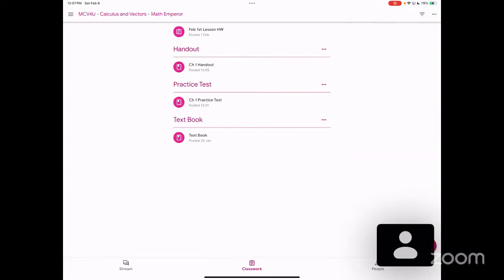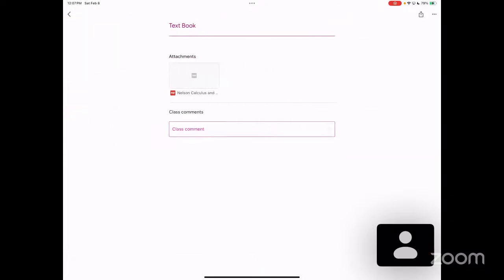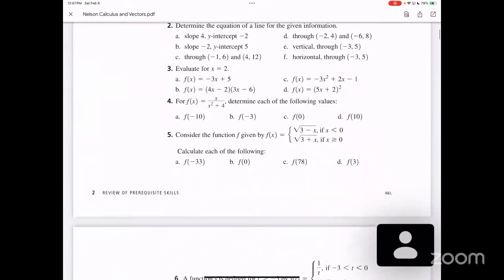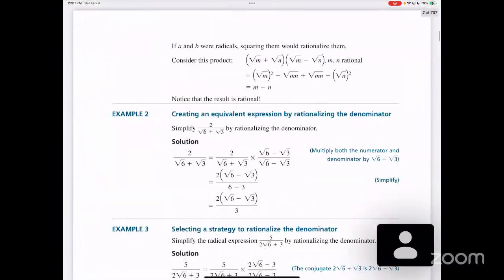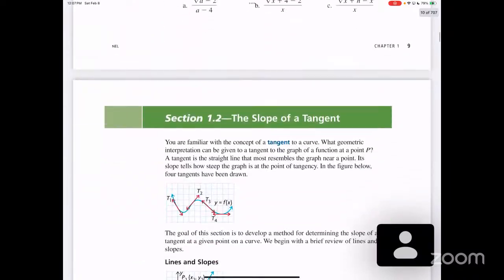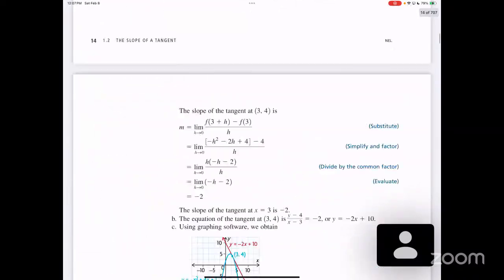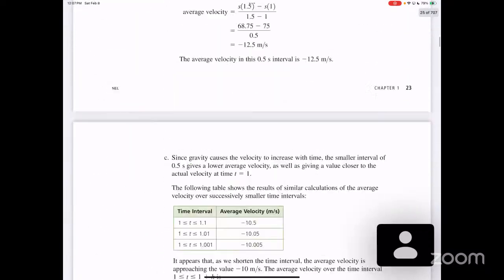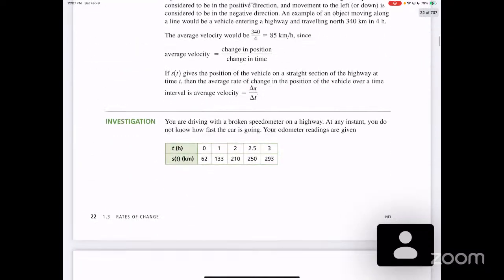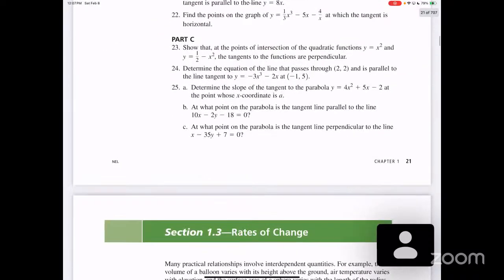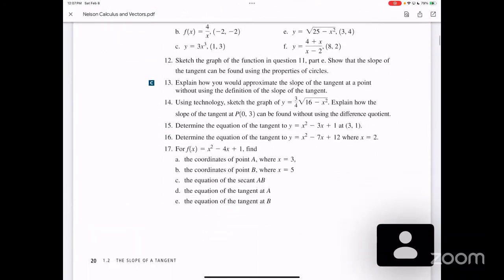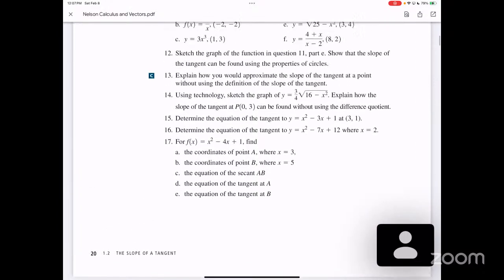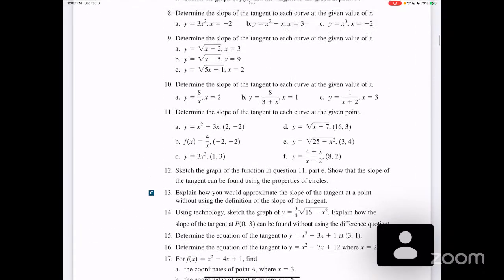What is your question from the Nelson textbook? Question 11F from 1.2, page 20. Where are your steps?